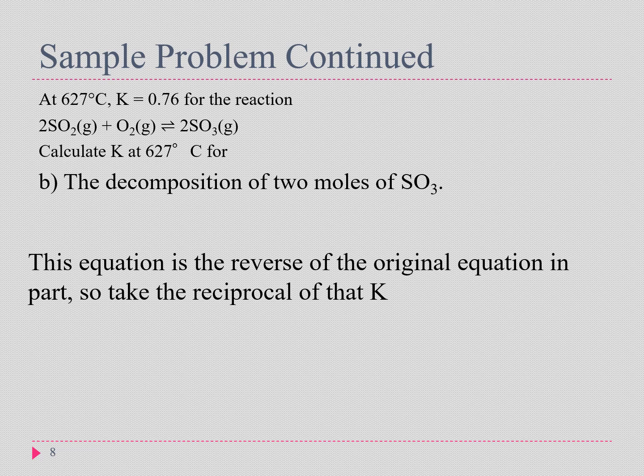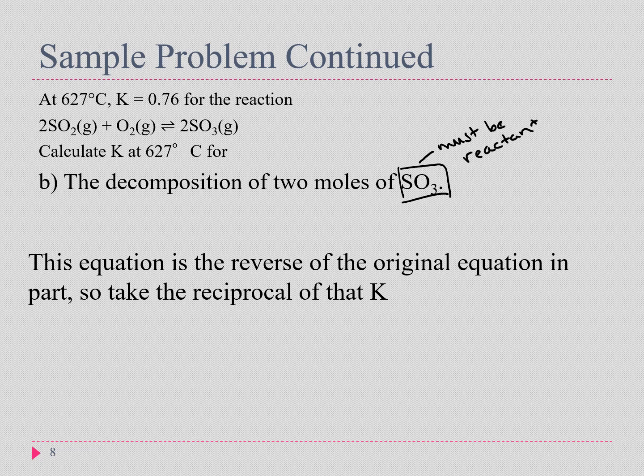All right, another one here with that same problem, but in this case, we are going to decompose 2 moles of sulfur trioxide. All right, so that means that we're decomposing the sulfur trioxide. That now means that this must be a reactant.